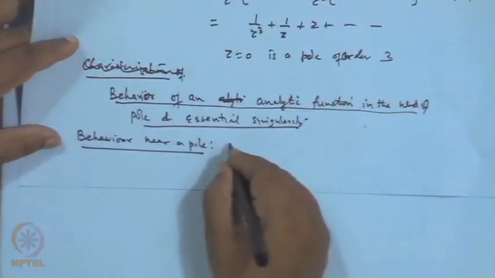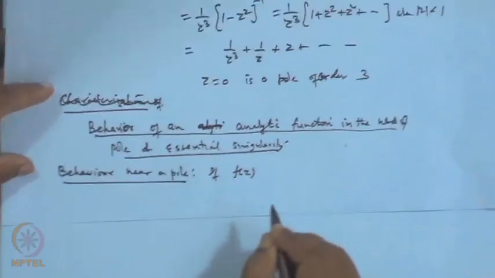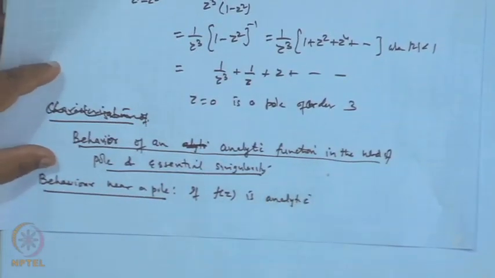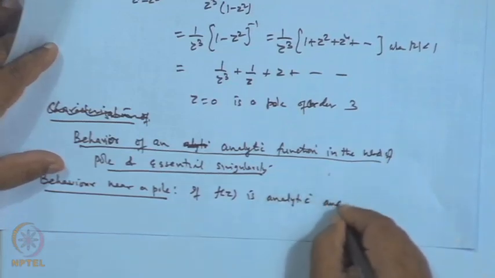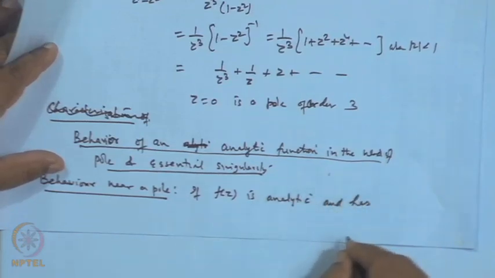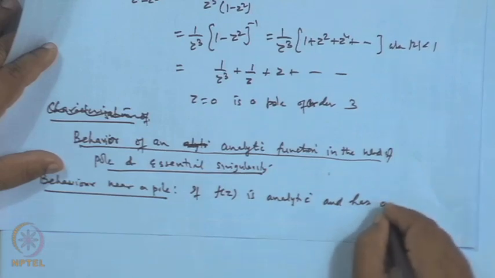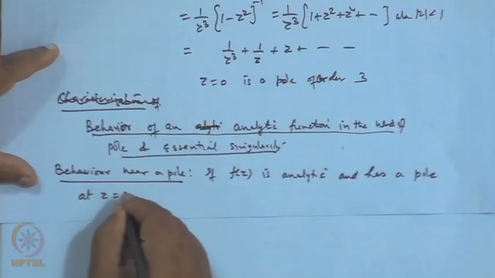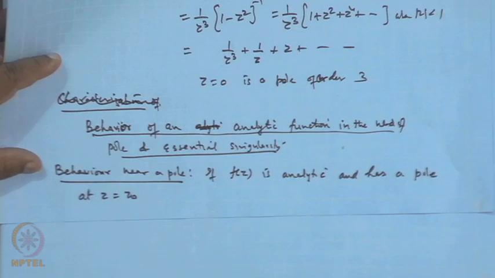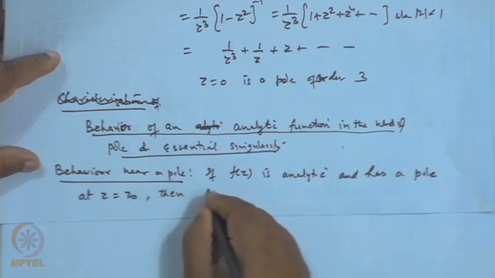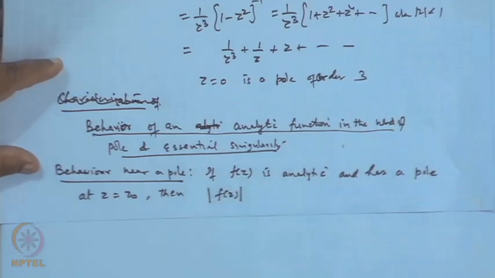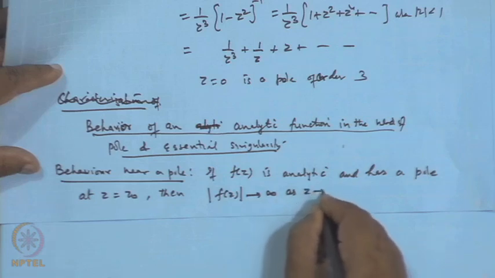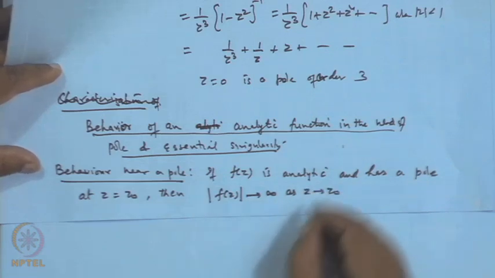It is given like this: if the function f(z) is analytic and has a pole at z = z_0, then the absolute value |f(z)| tends to infinity as z tends to z_0 in any manner.